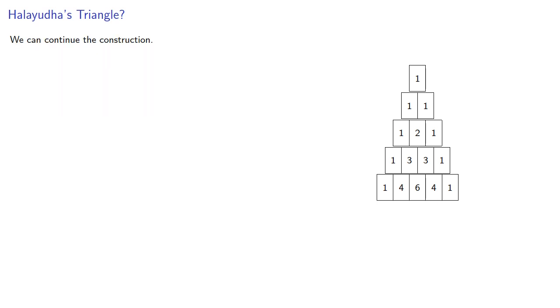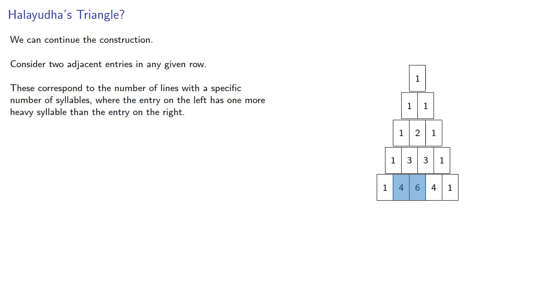And we can continue the construction. So consider two adjacent entries in any given row. These correspond to the number of lines with a specific number of syllables where the entry on the left has one more heavy syllable than the entry on the right.